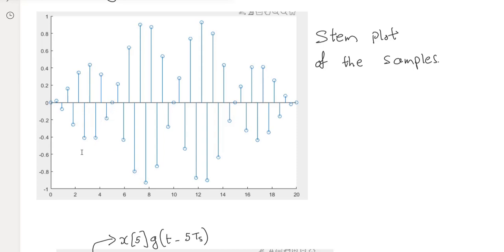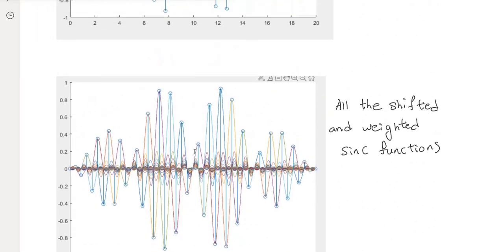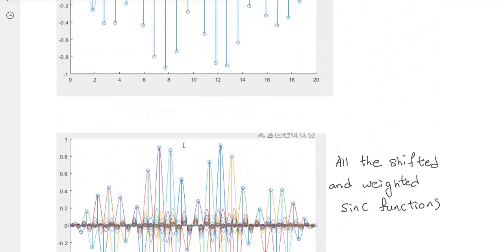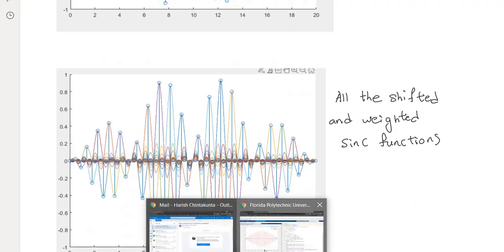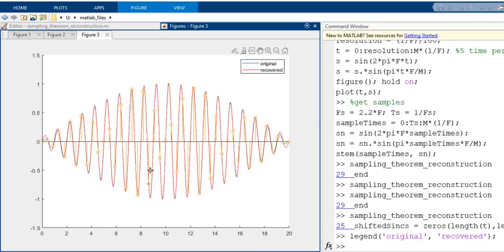If we want to get back the original signal, we have to interpolate these samples. Then we do this complex interpolation to get back the signal which looks like the original signal, right? So the sampling theorem is basically telling us what the ideal interpolation from samples is, okay?